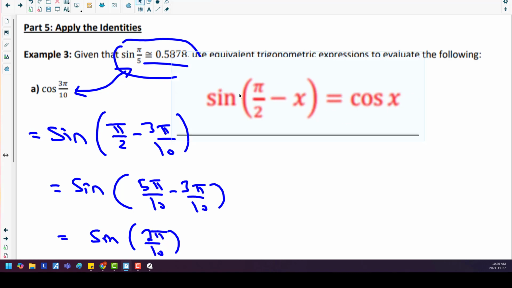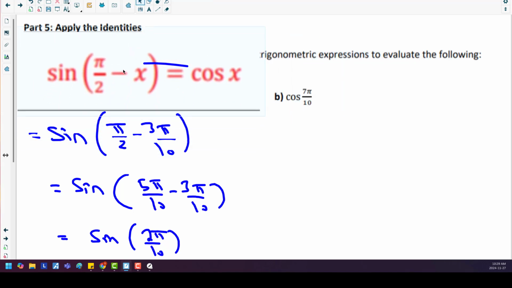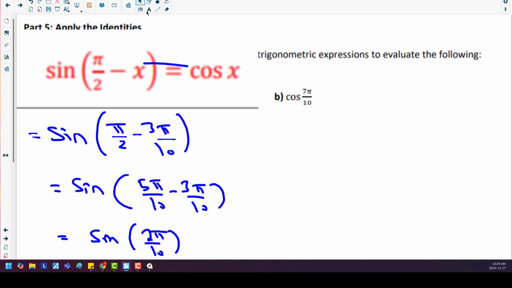So I'm going to do the exact same thing, except now for this example here, cos 7 pi over 10. Exact same thing, my x value is 7 pi over 10, so I'm going to rewrite this in terms of sine: sine of pi over 2 minus 7 pi over 10.